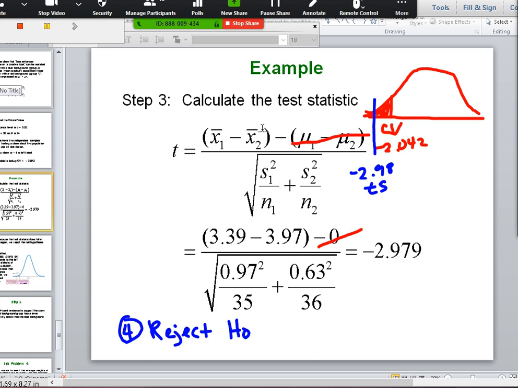And so then when you put these in, you're going to find your test stat. So X bar 1 was 3.39, X bar 2 was 3.97, and then my S1 was 0.97, and then my N1 was 35, my S2 was 0.63, my N2 was 36.